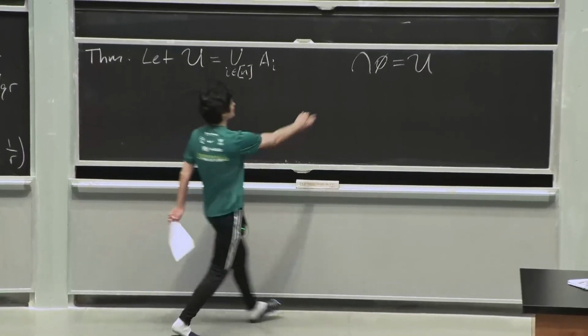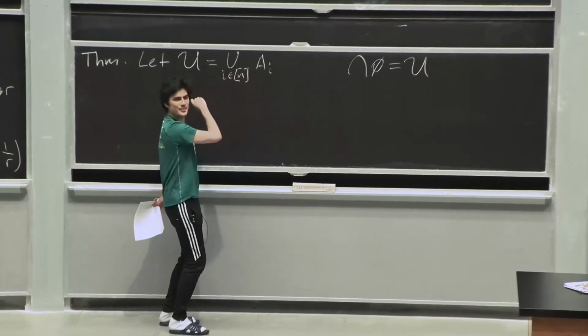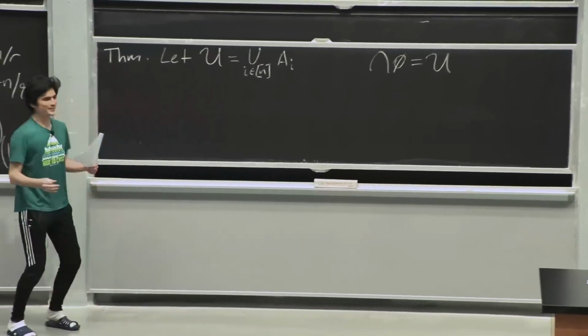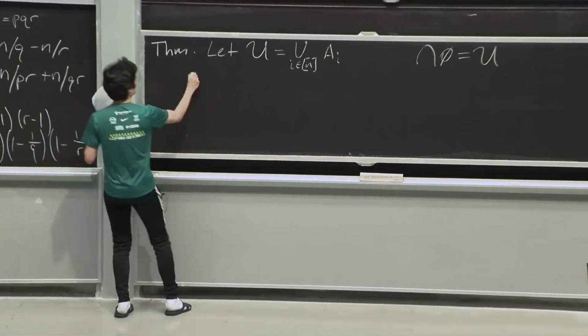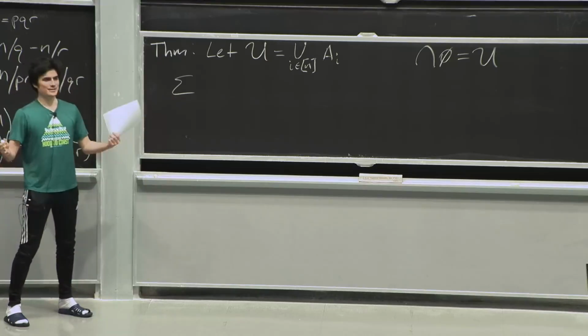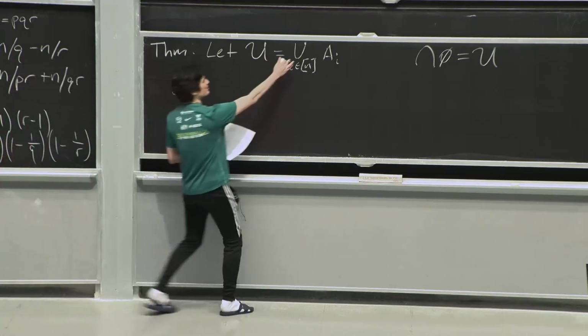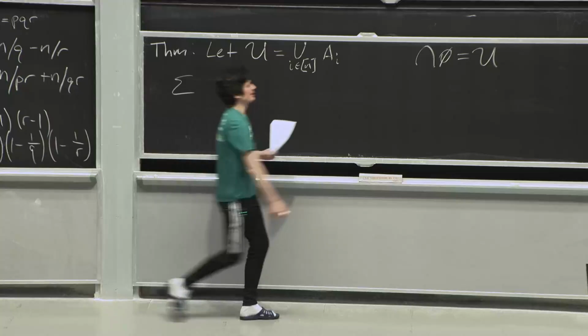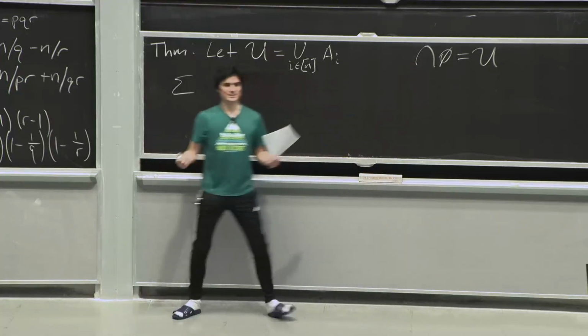So this notation is kind of like the big sigma. Just how this represents an n-way addition, this represents an n-way union, and this represents an n-way intersection.